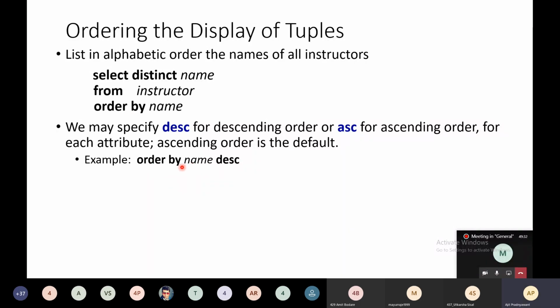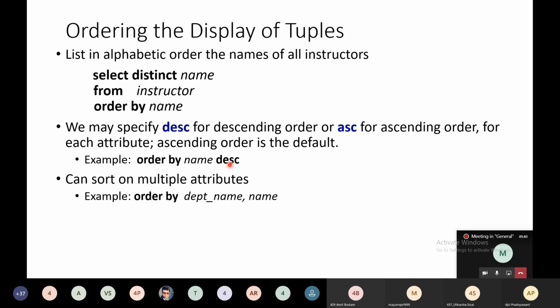So it will show the names in descending order. You can sort on multiple attributes also. The only thing is that you have to mention order by department name, comma, name. So you can order by with multiple attributes.